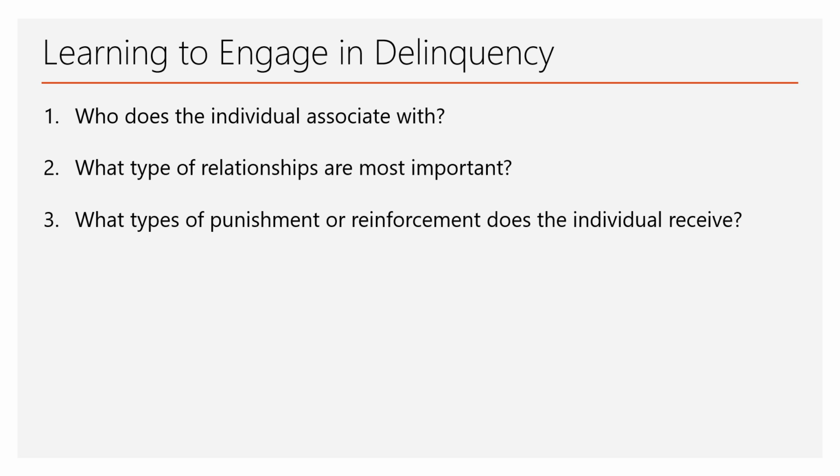We're going to look at these two questions in the next lecture on Sutherland's differential association theory. This third question, what kinds of punishment or reinforcement does an individual receive, and how does that affect their engagement in delinquency? We're going to look at that in the third lecture, which will be on Akers' social learning theory.